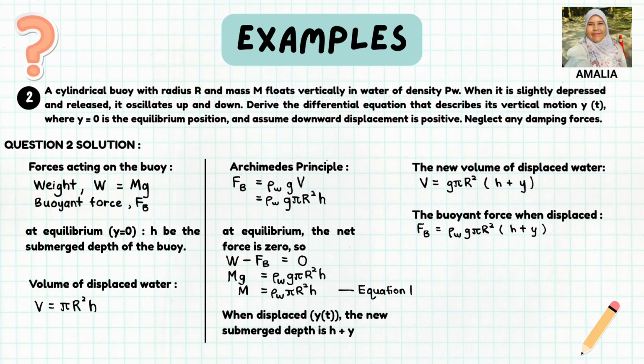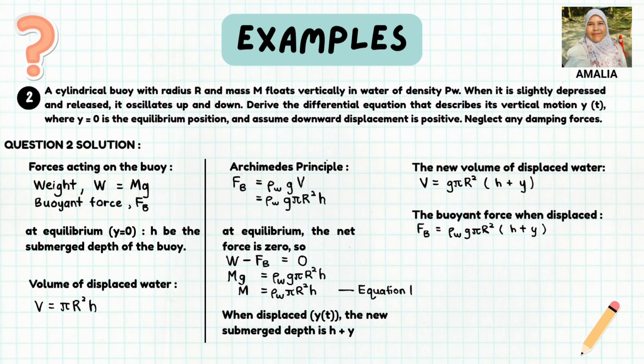So the weight minus the buoyant force equals 0, and then leave W alone. W is mg, and then Fb, move it to the right side, we got ρw g π r² h, and then we leave m alone, and then we got m equals ρw π r² h as equation 1.